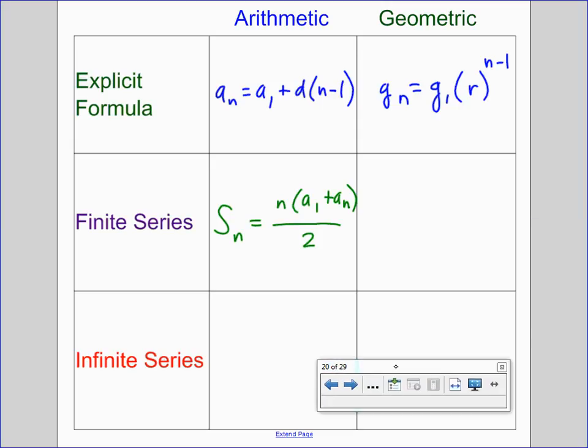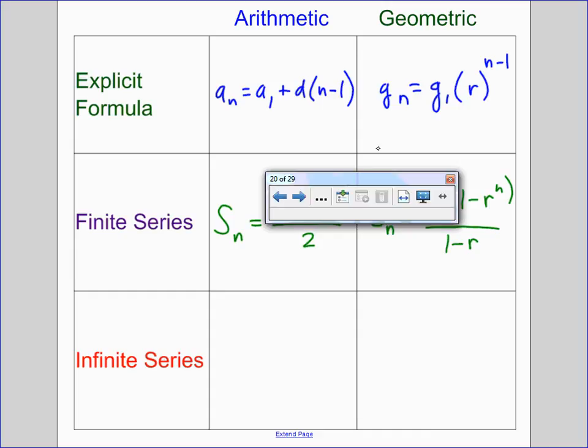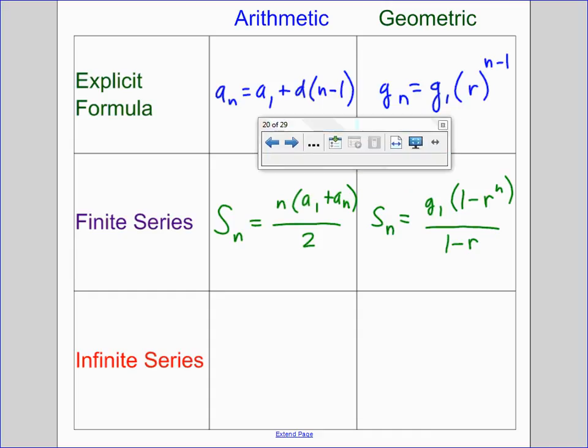For a partial sum, a finite geometric series, S sub n is given by g sub 1 times quantity 1 minus r to the n all over 1 minus r. For an infinite series, an arithmetic series always diverges. For a geometric series, if the magnitude of r is greater than or equal to 1, it diverges.